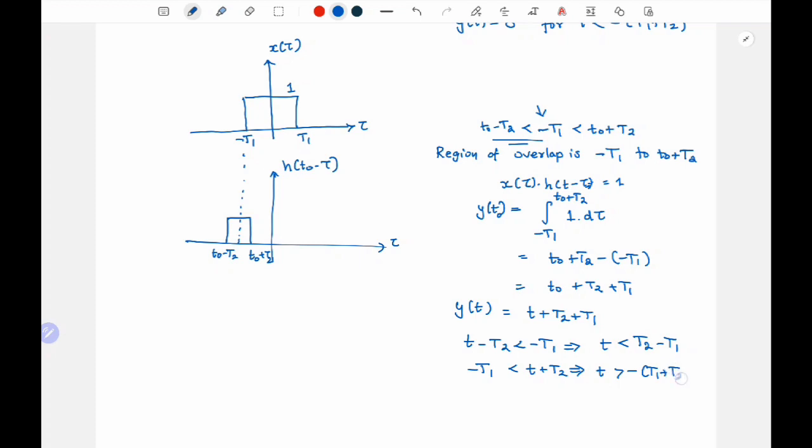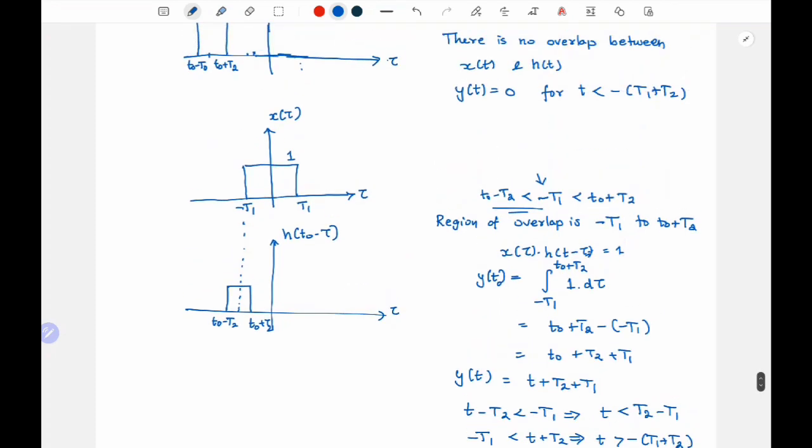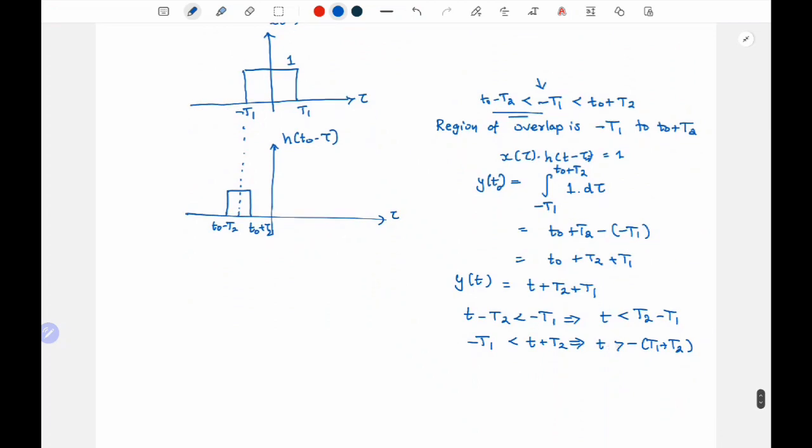So for t less than minus of t1 plus t2, we got y of t as 0. And then for t greater than minus of t1 plus t2 and t less than t2 minus t1. Since t2 is actually lesser, we can write it as minus of t1 plus t2, t1 minus t2.